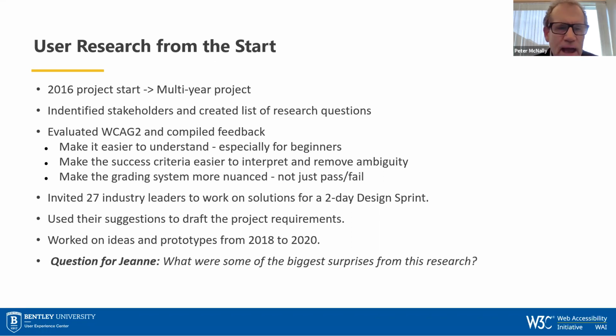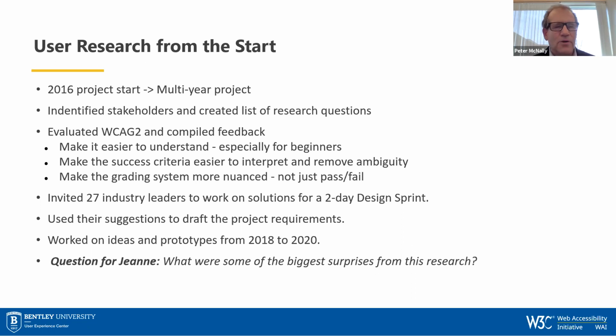They identified stakeholders and created a list of research questions. They evaluated the 2.0 or 2.1 version of WCAG and got feedback from users, that would be accessibility testers and UX professionals, to see what they thought.